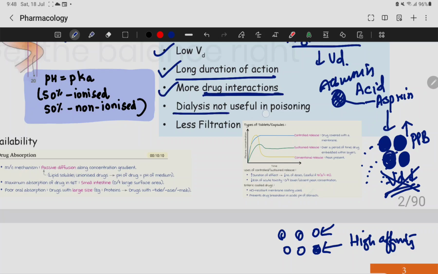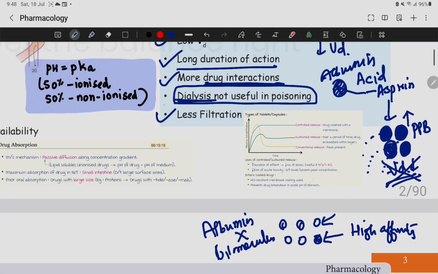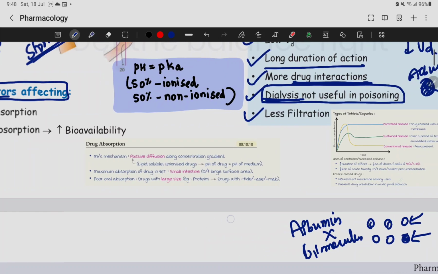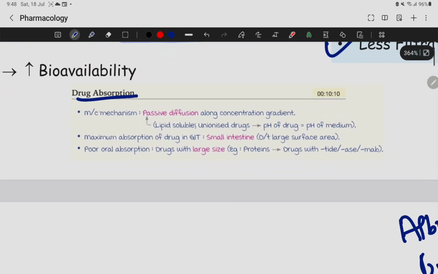And dialysis is not useful, since albumin does not cross the glomerulus. It is a heavy molecule and does not cross over. Hence dialysis will not help remove this drug because it is plasma protein bound and less filtered. In drug absorption, the most common mechanism is passive diffusion along the concentration gradient.